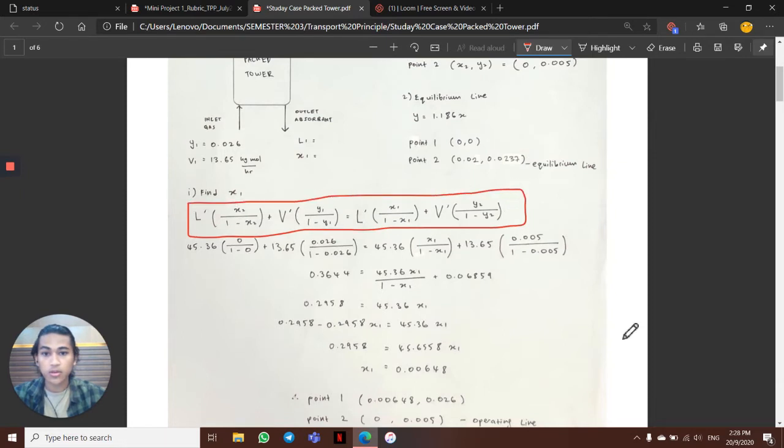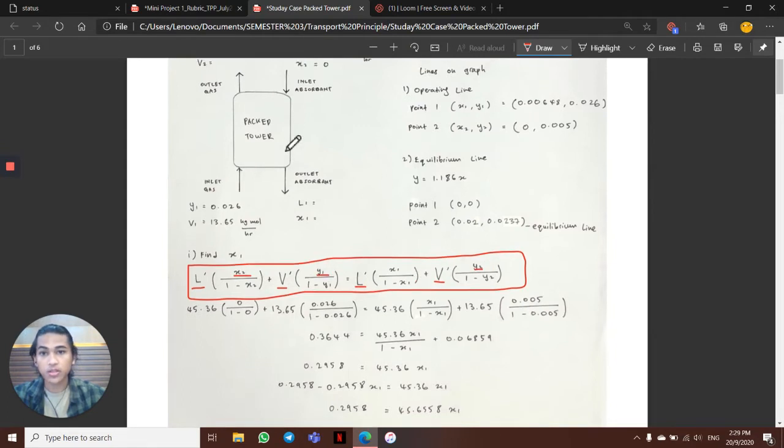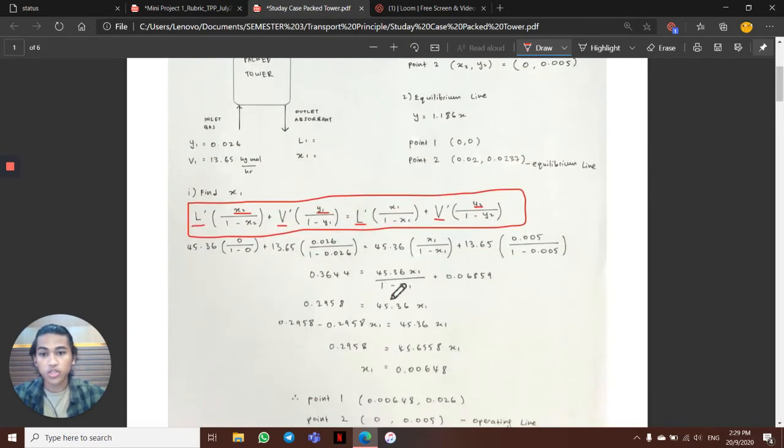So you just insert the values of L prime, V prime, X2, Y1 and Y2 that have been given in the question.